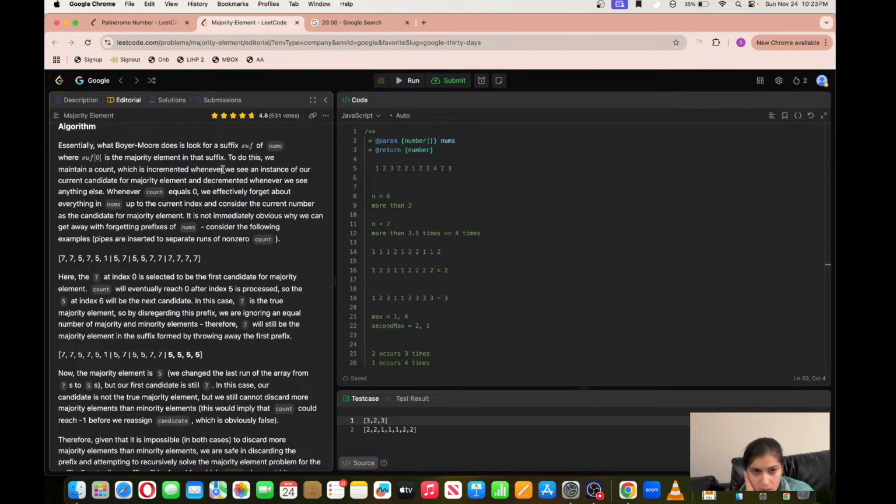Obviously, we would want to do this, right? We want to do this, but how do we know if that is our majority element or not?